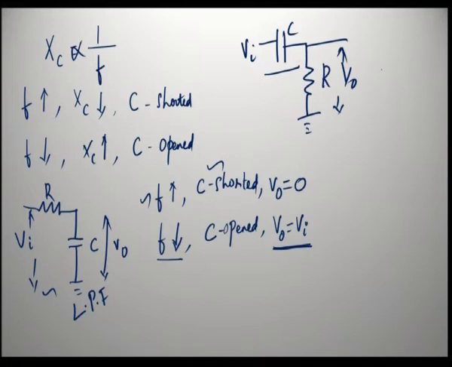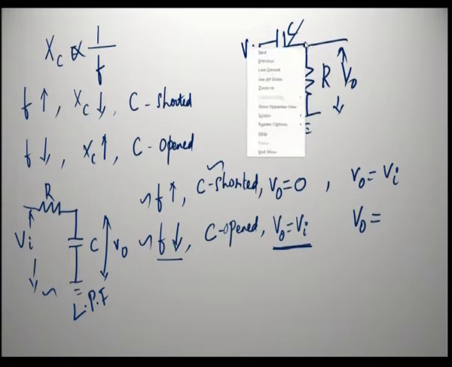Whatever voltage is given, the same voltage will be obtained at the output. If the frequency is low and the capacitance is opened, there is no path between the input and this node. So, no voltage will be obtained at the output.